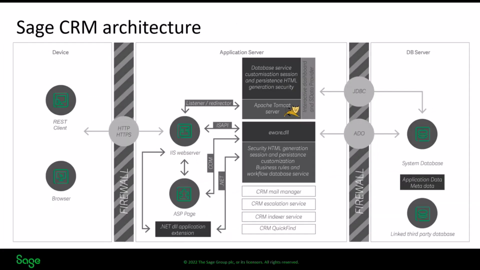Now, that architecture that we see, we talked about the Java aspects of it. Just want to think about those services that we see, which are really on the eWare DLL side of the product, which is the CRM Mail Manager, the escalation service, the indexing server, the quick find.